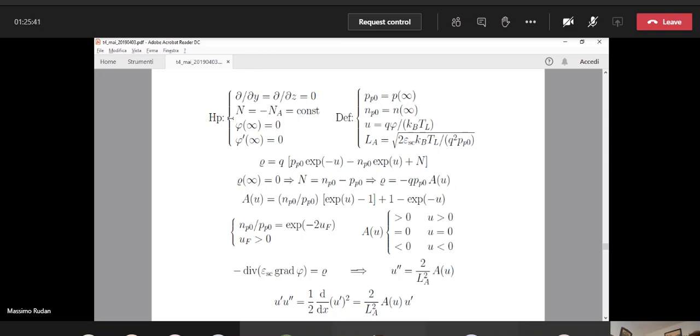So phi at infinity is zero and phi prime at infinity is also zero. You remember that p at zero is actually p at infinity, because we take the zero of the potential at infinity. So it is p p0, which is substantially equal to Na. And n at infinity is n p0, which is ni squared over Na.